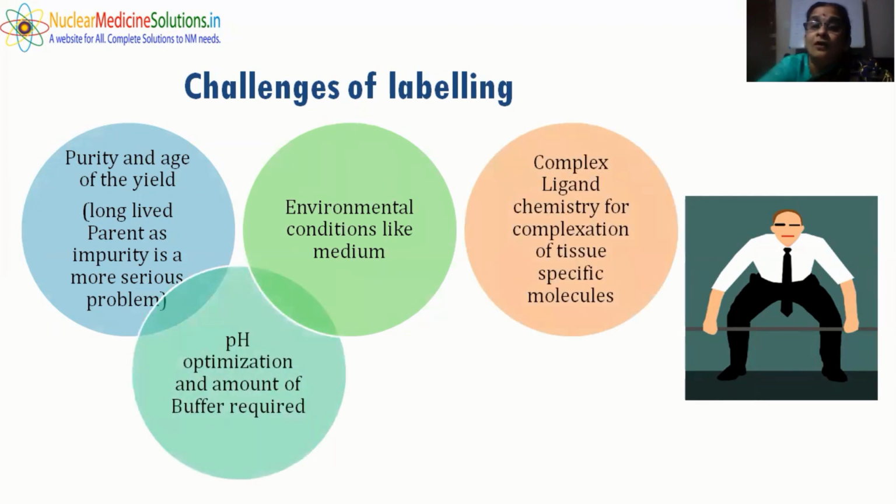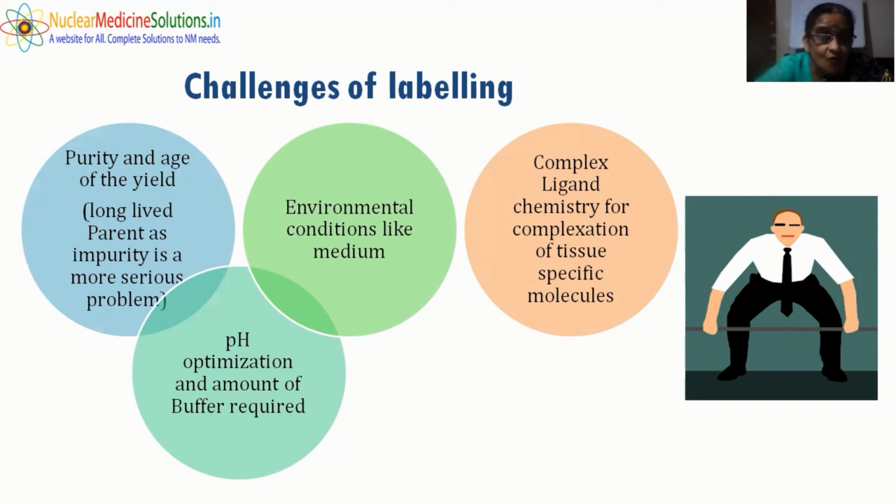So the complex ligand chemistry for complexation of tissue specific molecules. What this means is we should study very well with which functional groups this gallium is going to bond, and the importance of it not getting broken inside the patient's body.